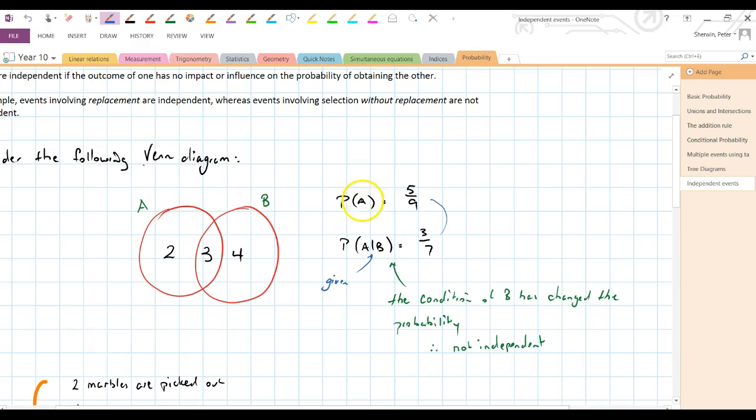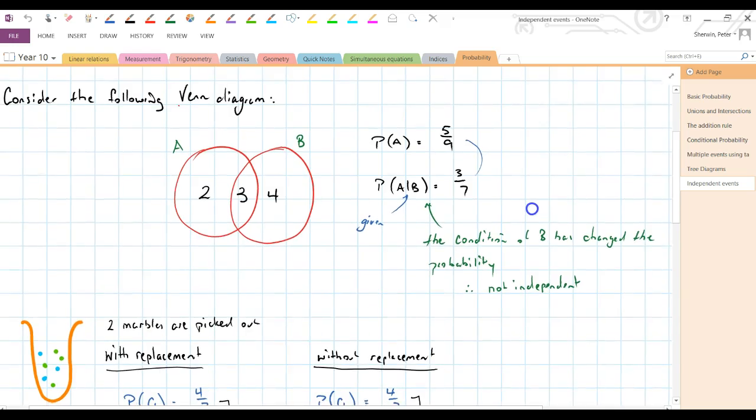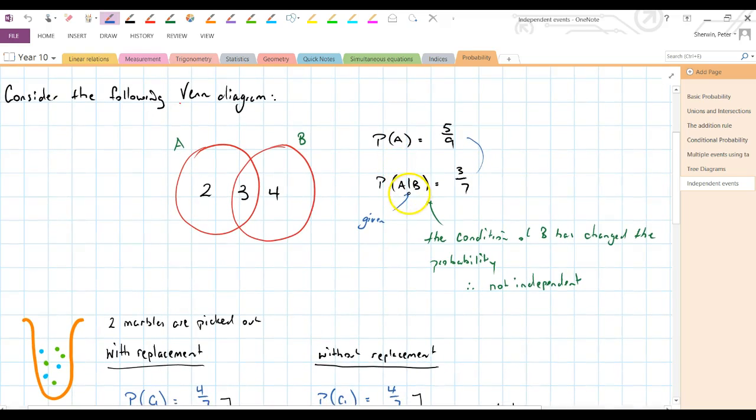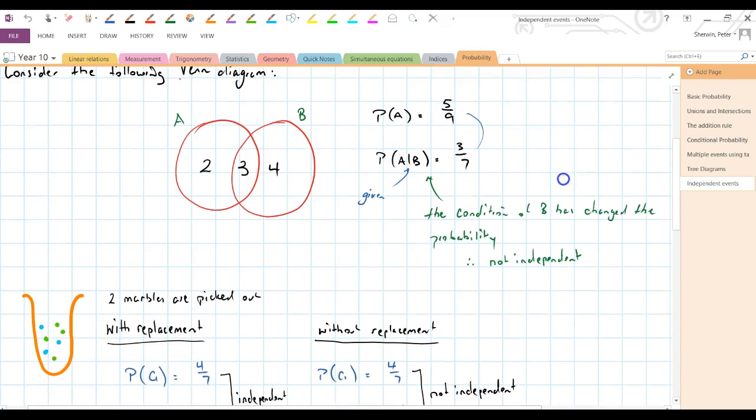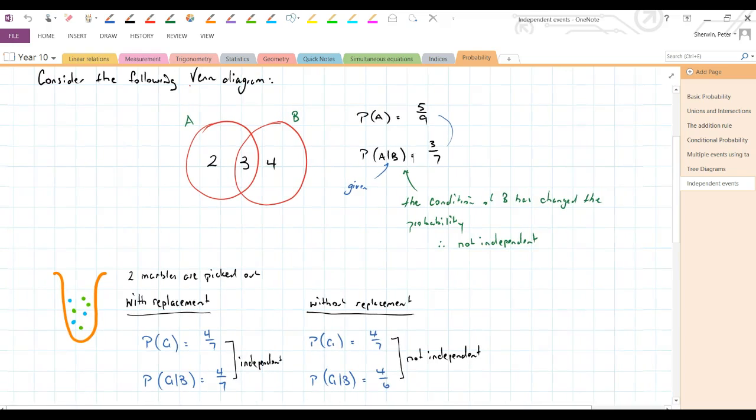It went from 5/9 to 3/7. Therefore, logic suggests these two events are not independent. If they were independent, it wouldn't have mattered that B happened before; I still would have got 5/9. So if the probability of A and the probability of A given B are different, then they're not independent. If they're the same, then they are independent.